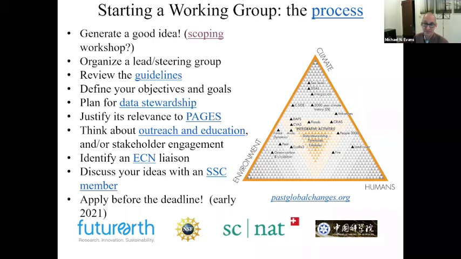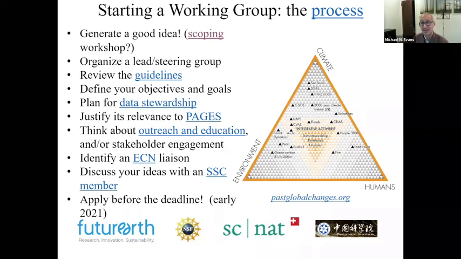So even though I was designated the overall lead of Ocean 2K, I very quickly assembled a steering group, and that steering group shared the burden and responsibility of moving forward and organizing and making progress.